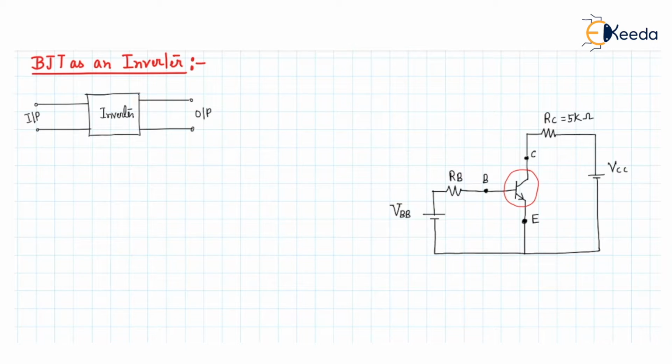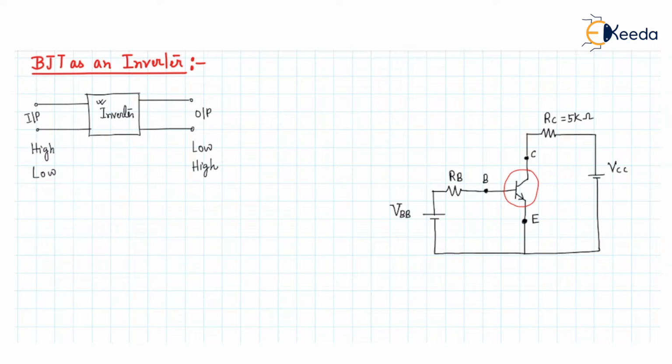If we apply a high level voltage at the input, then at the output we get a very low level voltage, and if we apply a low level voltage at the input, then we get a high level voltage at the output. That's why it is called the inverter.